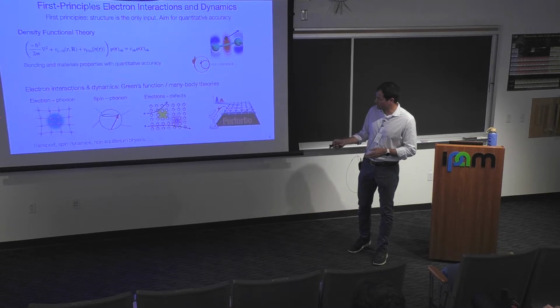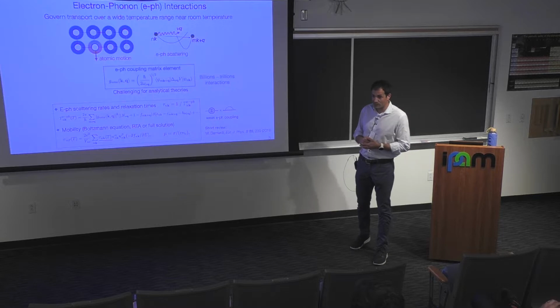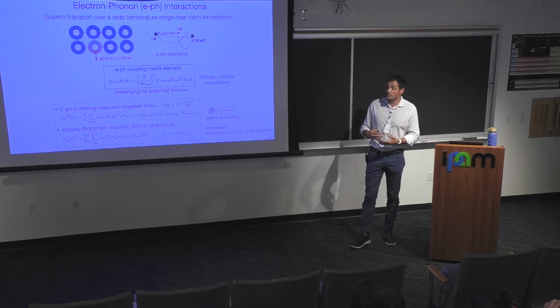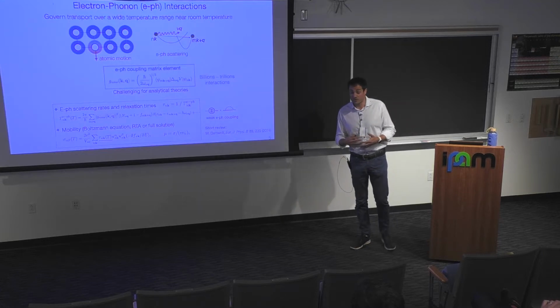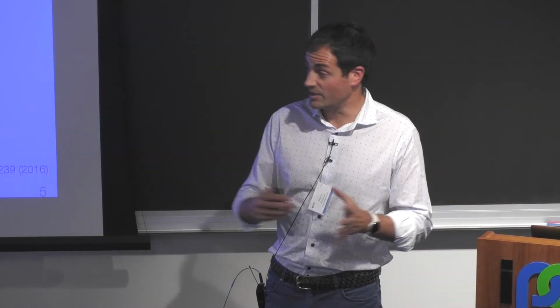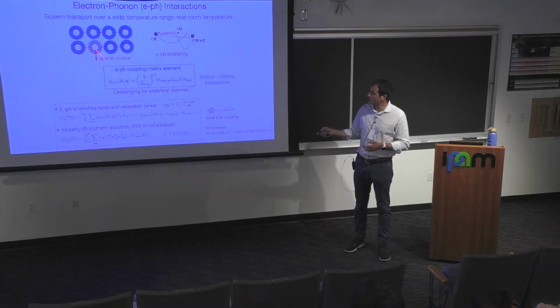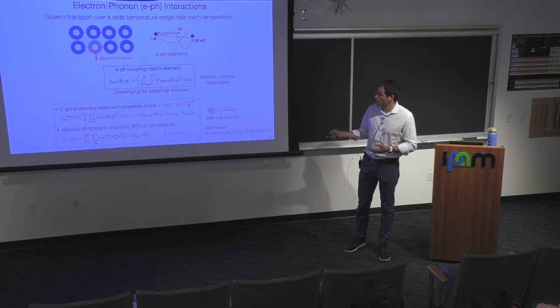So let's start here with the electron-phonon interactions, which are really pervasive in condensed matter. In the context of transport, they're important because they govern transport near room temperature over a wide temperature range. The idea is very simple. The atoms move due to their thermal motion.